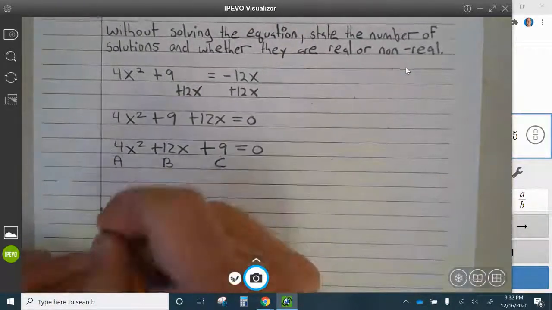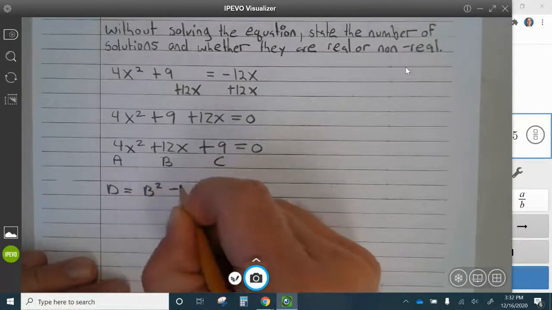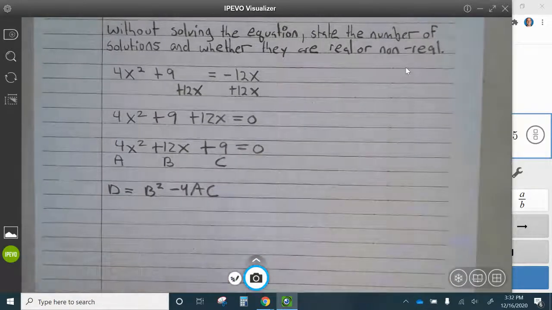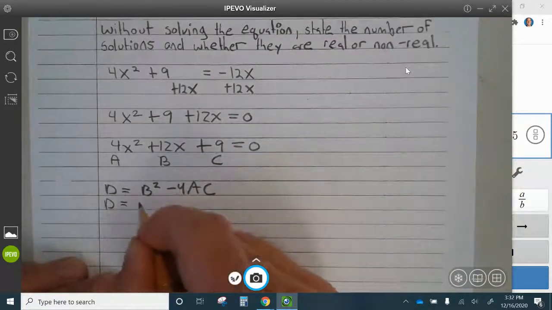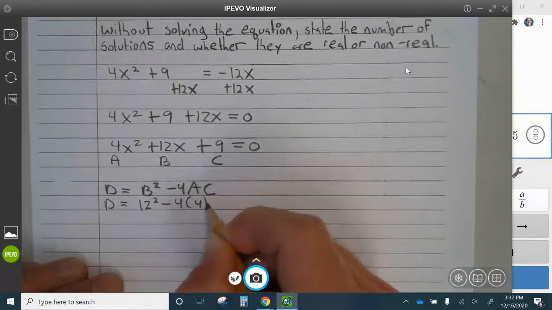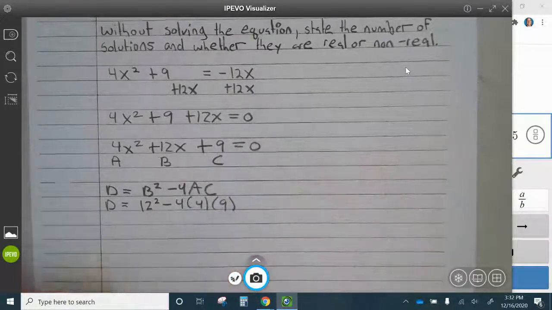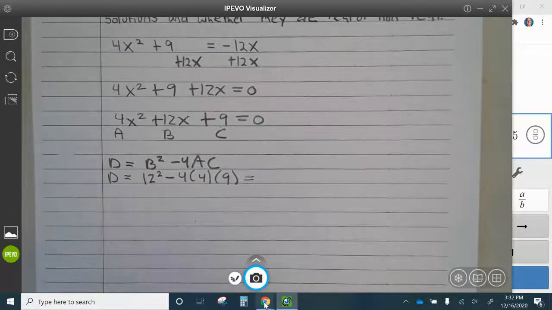Okay, we know that d, the discriminant, is equal to b squared minus 4ac. So then the discriminant equals b, which is 12 squared, minus 4 times a, which is 4, times 9. Okay, and we can put that into decimals.